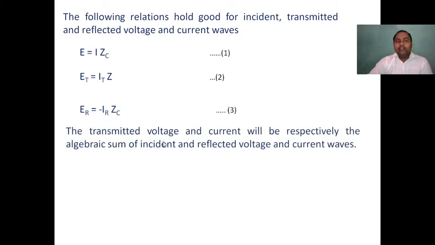The transmitted voltage and current will respectively be the algebraic sum of the incident and reflected voltage and current waves. So at any point on the transmission line, the transmitted voltage is the sum of the incident voltage plus the reflected voltage, and the transmitted current is the sum of the incident current plus the reflected current.